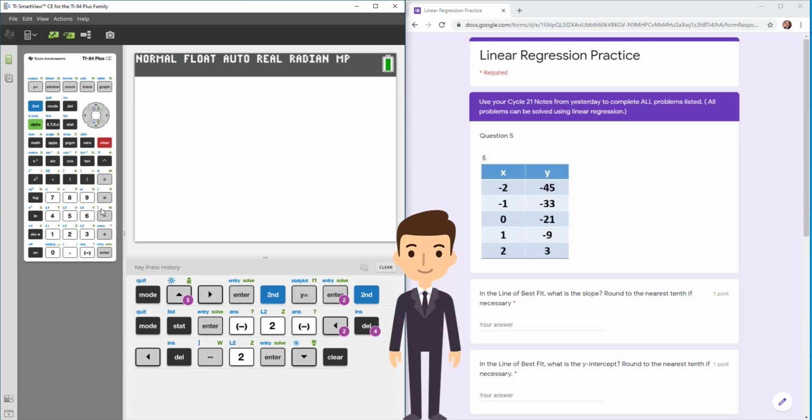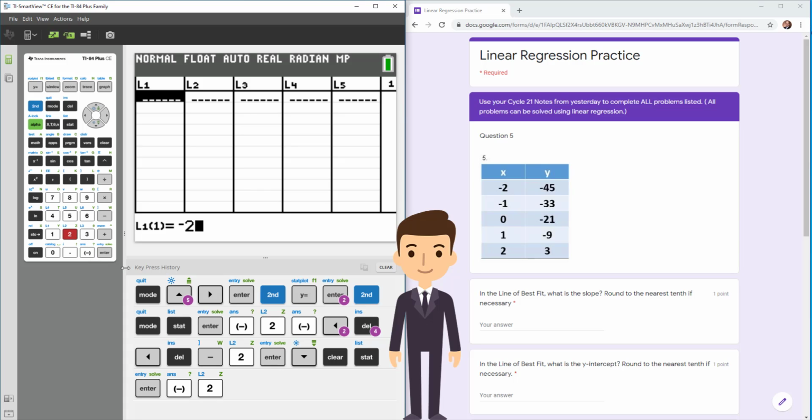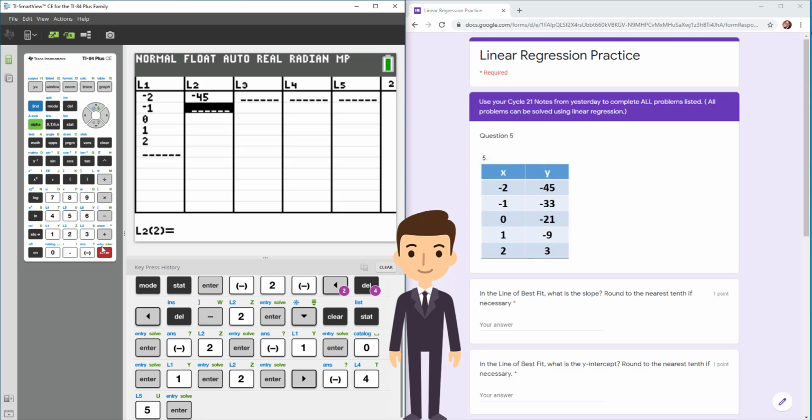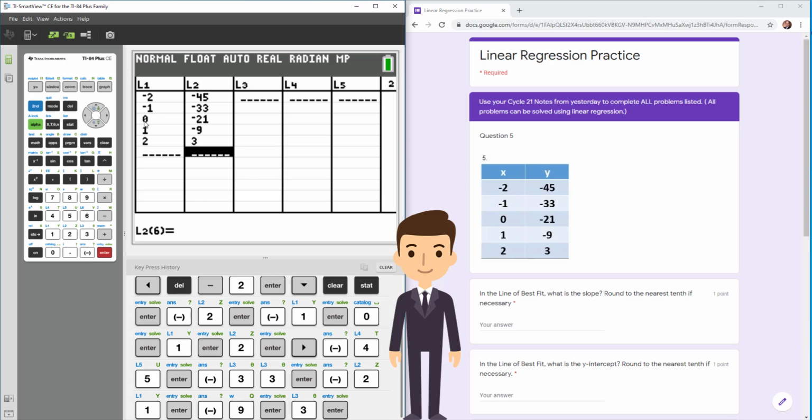That's a common mistake I see students making. So once again, stat, edit, -2, enter, -1, enter, 0, enter, 1, enter, 2, enter, and next side. I get -45, enter, -33, enter, -21, enter, -9, and so forth, and 3. All right, so now I have all of those in. That's a good sign.